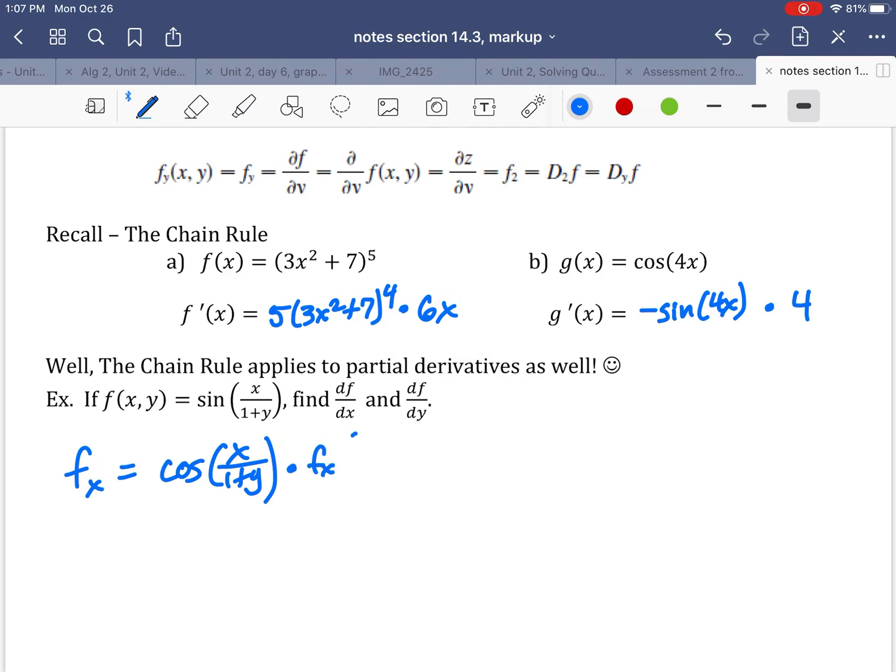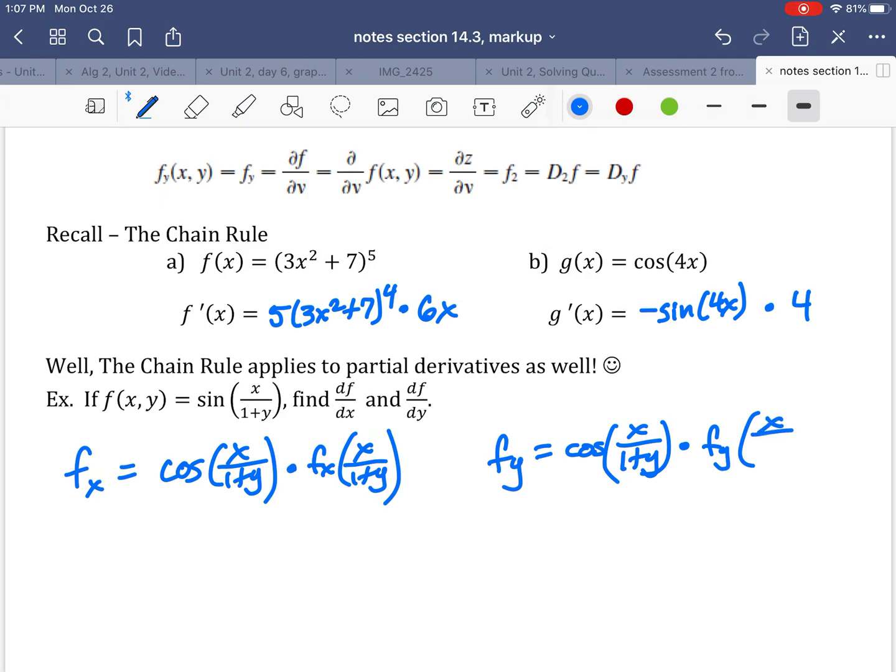So fx of x over 1 plus y. So really for fy it's going to be pretty similar. Cosine of x over 1 plus y times the derivative with respect to y of x over 1 plus y. All right, but it's these two pieces that are going to be a little bit different to do.